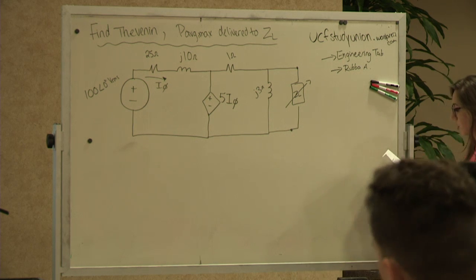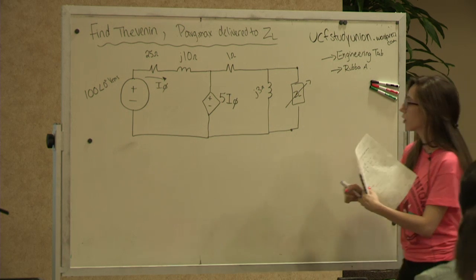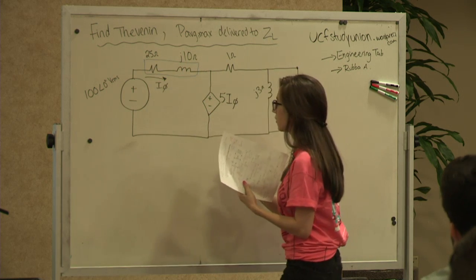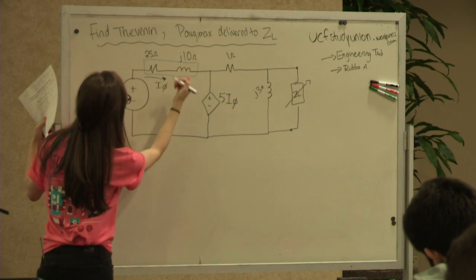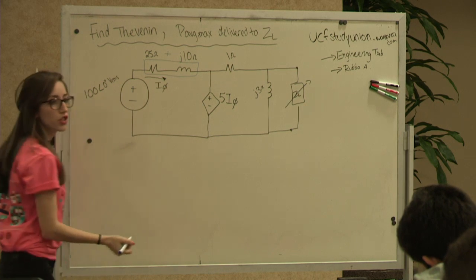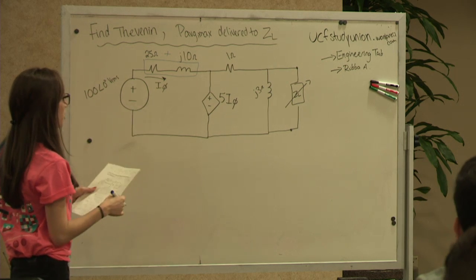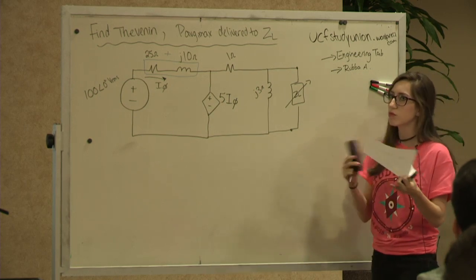Okay, so the first thing we want to do, let's just combine these into one. So we'll get, that's just 25 plus J10. And then what method, oh, sorry, remember that to find Thevenin, there's several steps you could take.